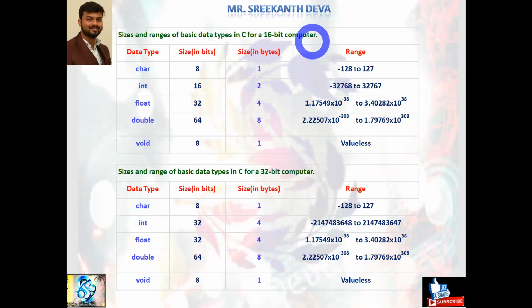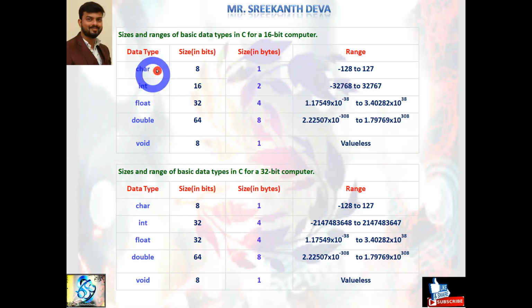In 16-bit the data type sizes are going to be different. If it is 32-bit, some data type sizes vary, and if it is 64-bit, some sizes vary. That is another major drawback of the C programming language: data type sizes vary from one bit representation to another, like 16-bit, 32-bit, and 64-bit representations.